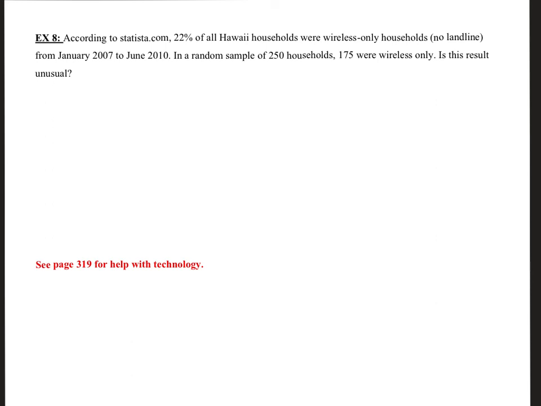Well, we had that one thing that we said: if n times p times 1 minus p is greater than or equal to 10, then we can say that our observation is approximately bell-shaped, which means we can then use the empirical rule.